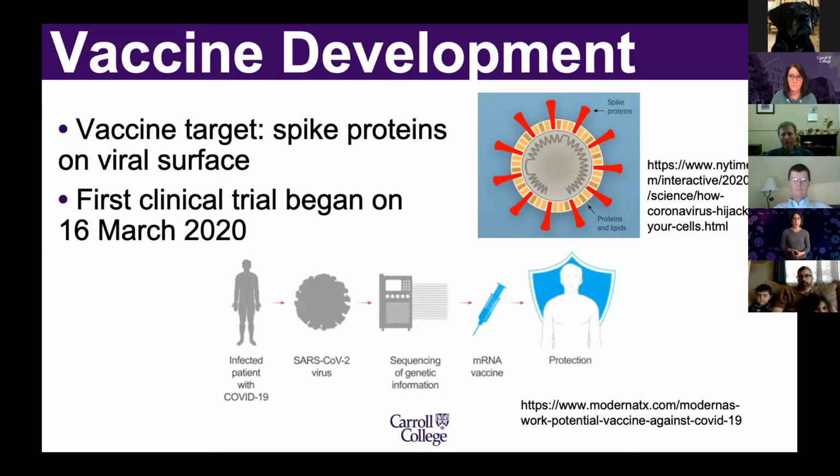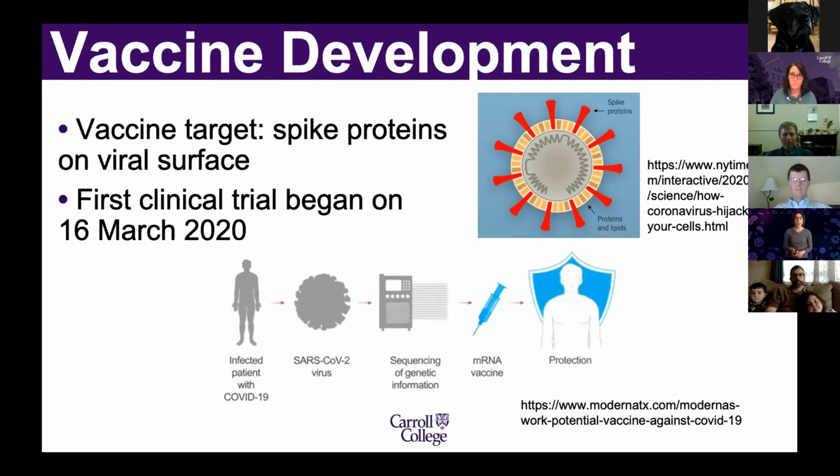And among the most promising of these is the product of a collaboration between the National Institutes of Health and a private company called Moderna. So this particular vaccine entered into the first stage of clinical trials on March 16th. And remarkably, this was just 42 days after the viral genome sequence was made public.